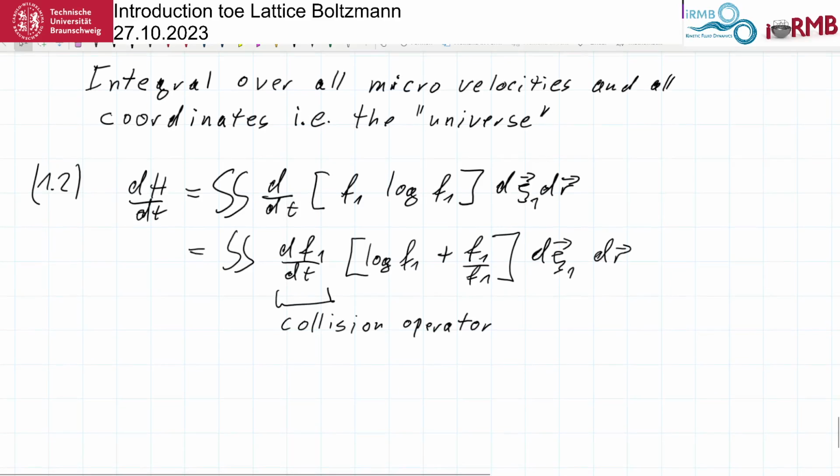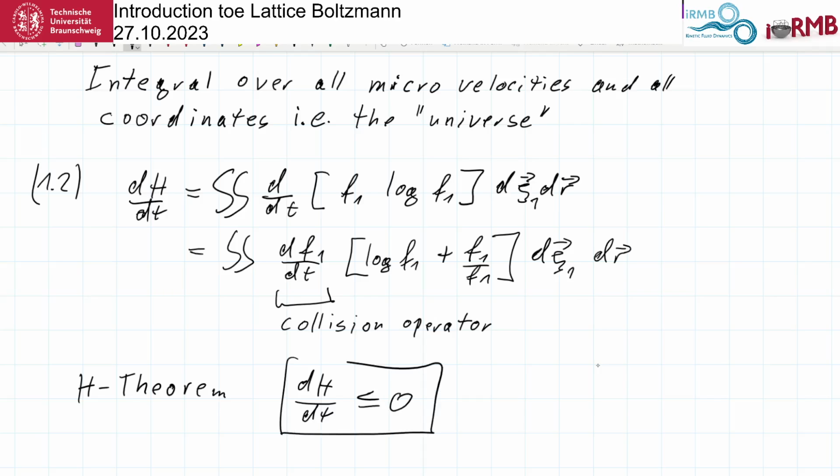So now, what is the H-Theorem? The H-Theorem is actually a mathematical proof. If everything we assume here is correct, then you can prove that the time derivative of this guy is smaller than 0.